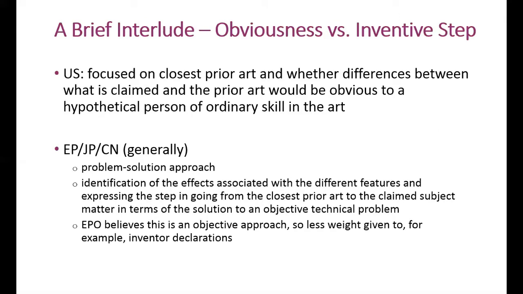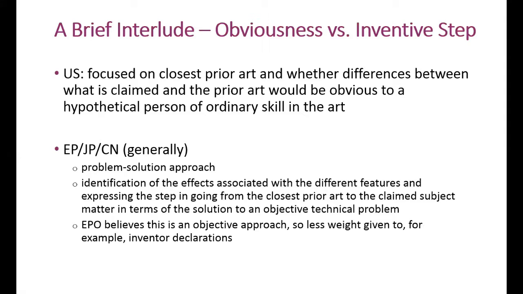But before we get to that, just as a way of some context, one of the reasons that some of these issues arise is the way obviousness is handled in the U.S. versus other countries. So in the U.S., the Patent Office focuses on the closest prior art and whether the differences between what's claimed and the prior art are obvious to this hypothetical person of skill in the art.